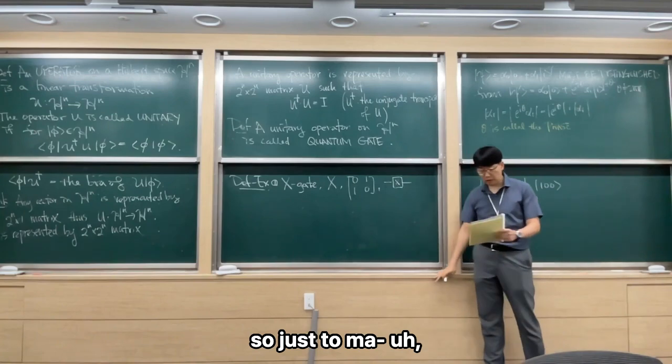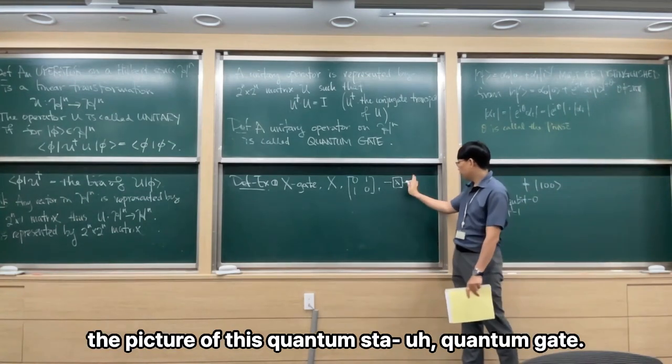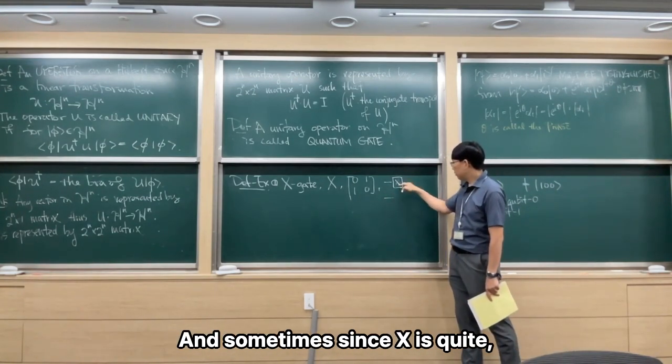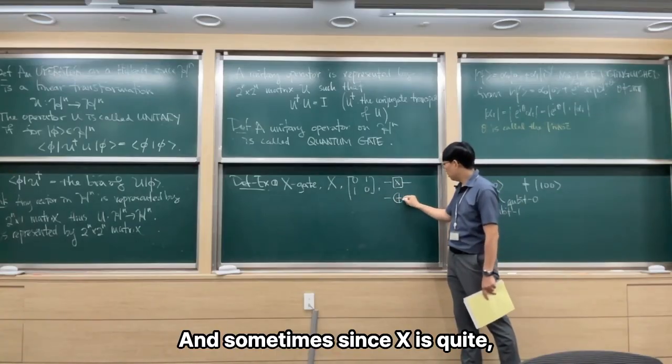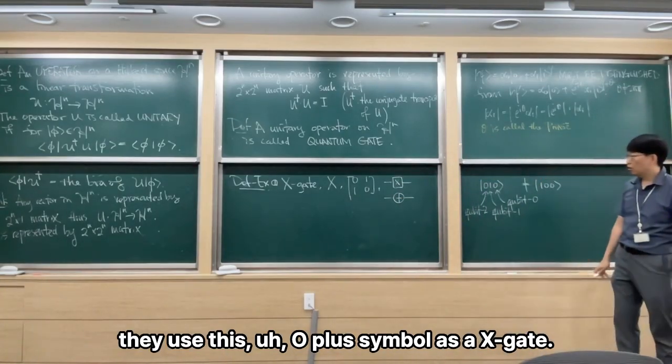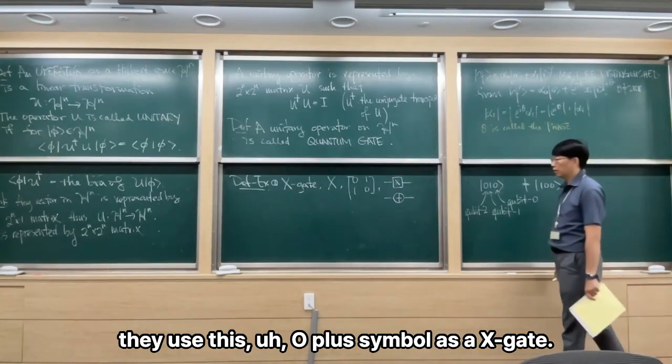This is just to make a picture of the quantum gate. And sometimes, since X is used quite widely, they use the circled plus symbol as the X gate.